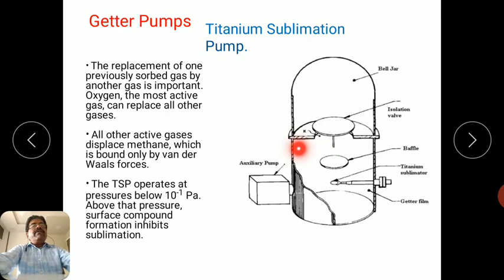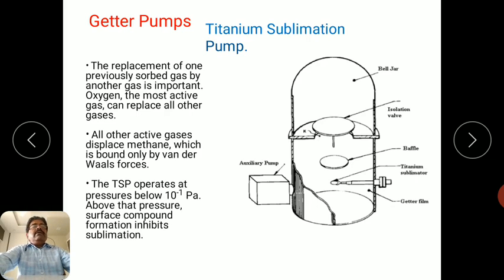For example, oxygen is a very active gas molecule, so it can replace any other gas molecule. So definitely the pumping speed for oxygen will be greater, and for other gas molecules it will be slightly lower.